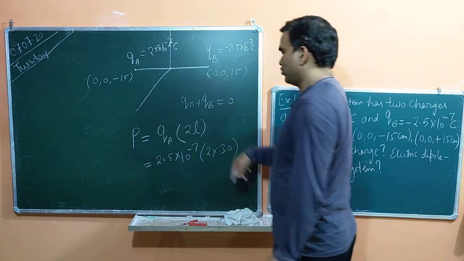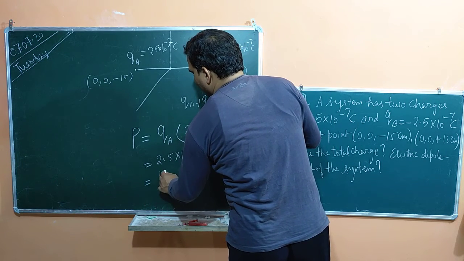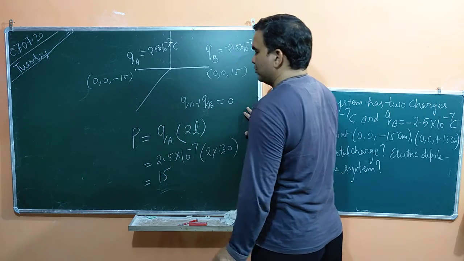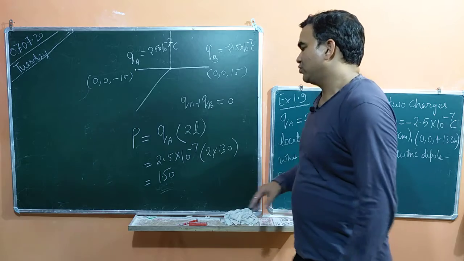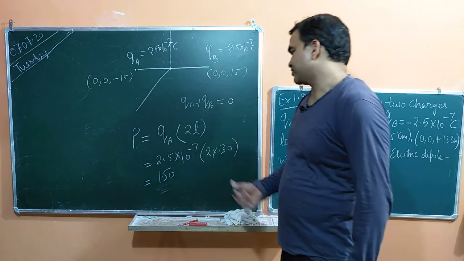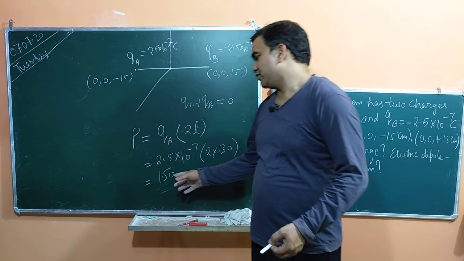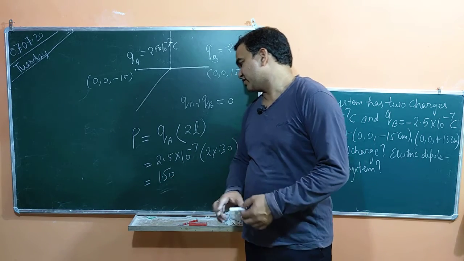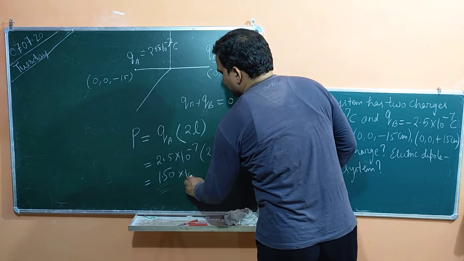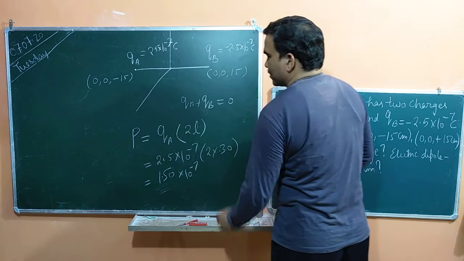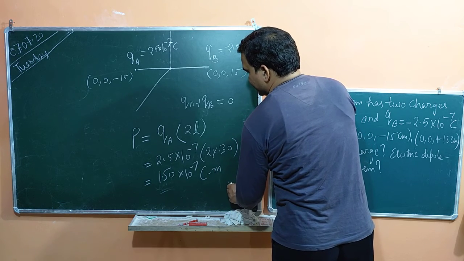So it comes out to be 0.6. 2.5 multiplied by 0.6 is 150, and the decimal we will place at the second place, so 1.5 × 10^-7 coulomb meter.